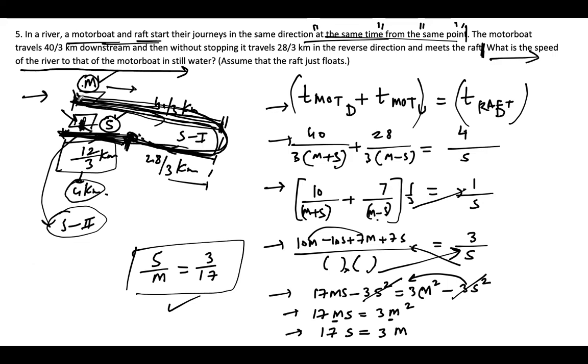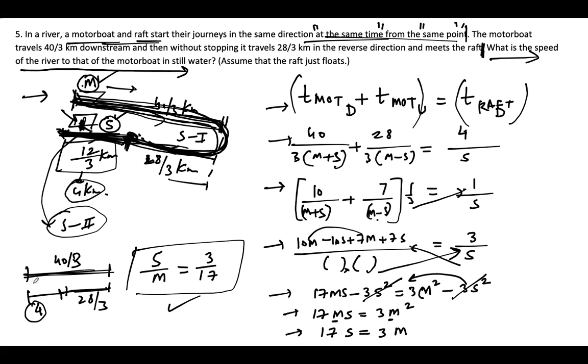The question is saying this boat traveled 40 by 3 kilometers, went back, and traveled for 28 by 3 kilometers, and then it met the raft. So if this distance is 40 by 3, and this distance is 28 by 3, what will be this distance? The difference of this and this, which is 12 by 3, which is 4.